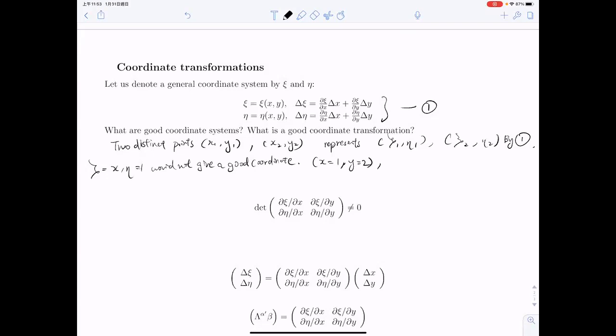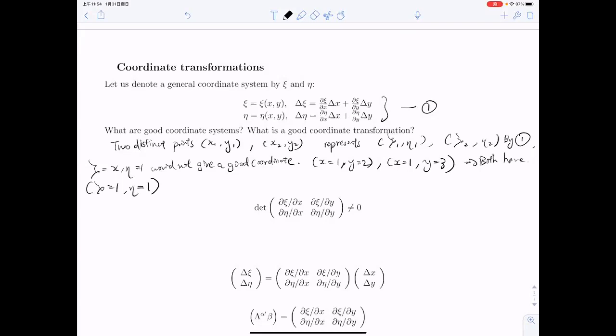If you take x equal to 1 and another point with x equal to 1, or maybe y equal to 3, these two points are not the same, since the y components are not equal. After substituting in the first set of equations, they both have xi equal to 1 and eta equal to 1.